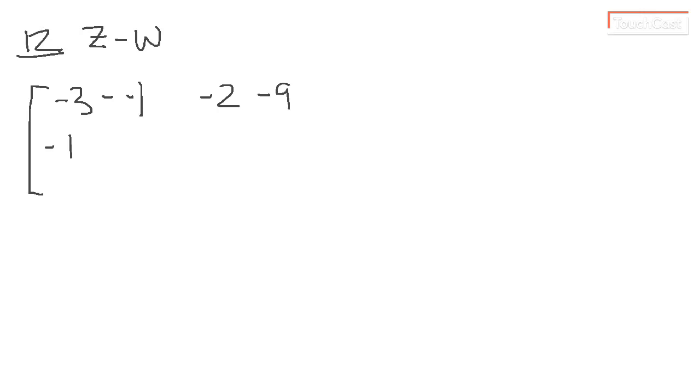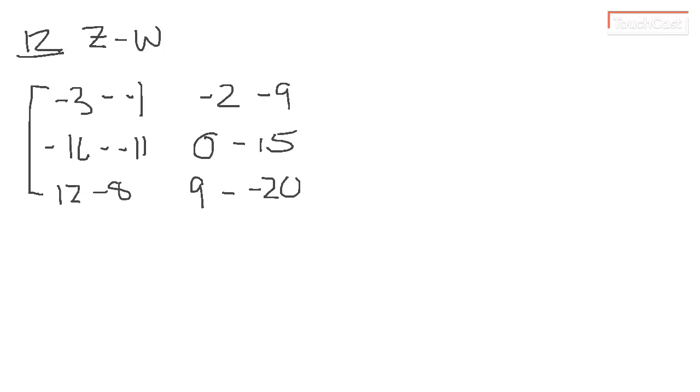We've got negative 16 minus negative 11, and 0 minus 15. Move down one more row. We've got 12 minus 8, and 9 minus negative 20. Now, as a reminder, when we minus a negative, that's just the same as adding. So if we have that doubled up, we can go and change any minus negatives to adding.